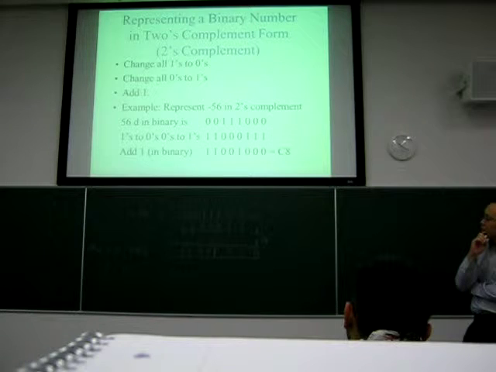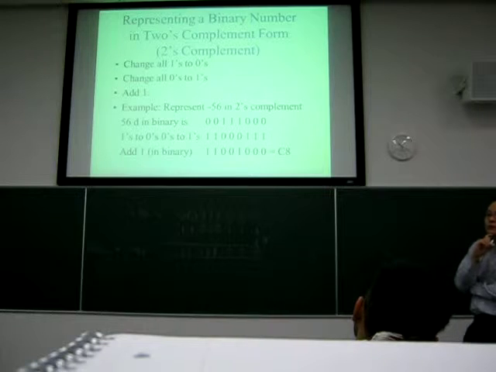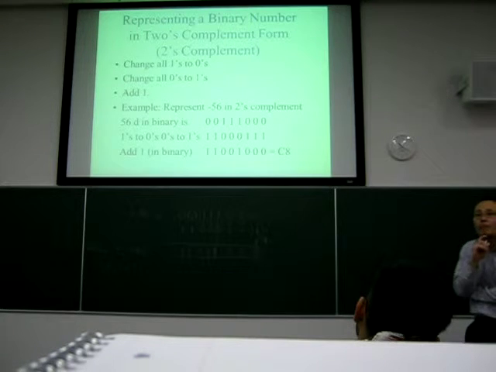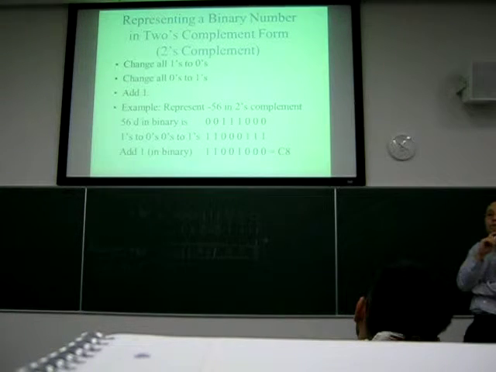Yes, it also represents 200. But in 2's complement, it also represents minus 56. Yes? Then how would you know which one, the 200 or minus 56? You don't know which one is which.